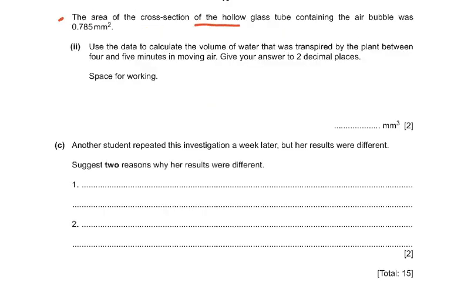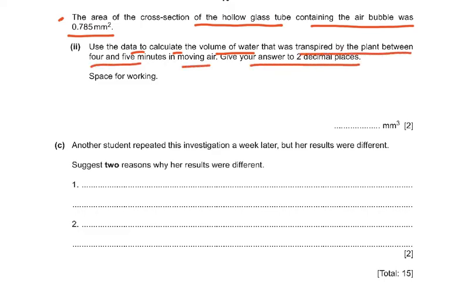The area of the cross section of the hollow glass tube containing the air bubble was 0.785 millimeters squared. Use the data to calculate the volume of water that was transpired by the plant between 4 and 5 minutes in moving air. Give your answer to 2 decimal places, with space for working. So basically, it was 17 into 0.785.